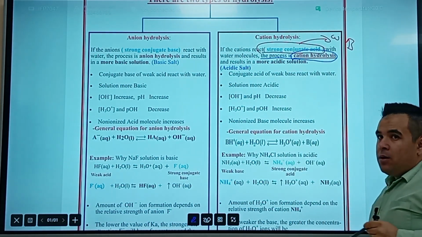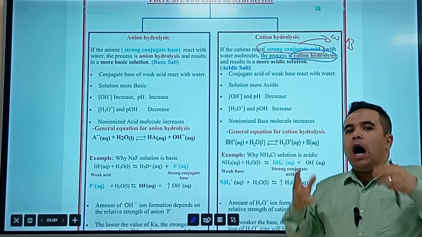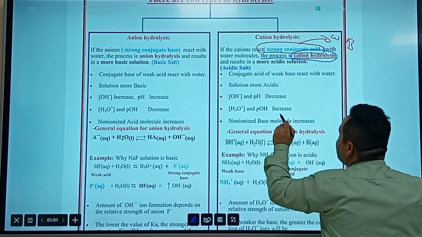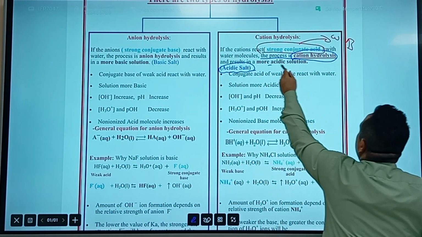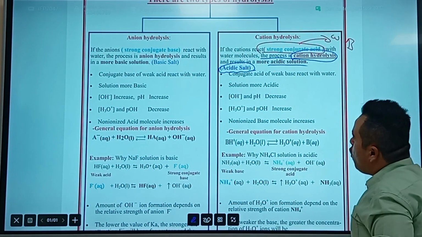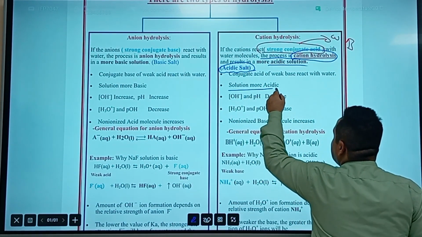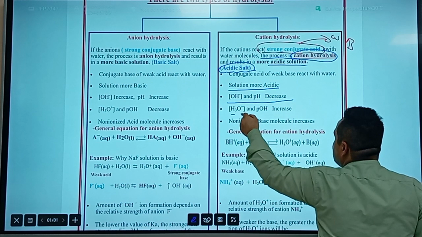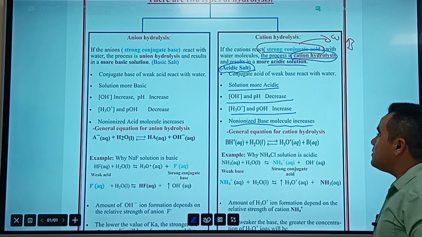Cation hydrolysis. Because strong conjugate acids are cations from weak bases and will produce an acidic salt, the solution becomes more acidic. Hydroxide and pH decrease, hydronium increases, and non-ionized base molecule increases.